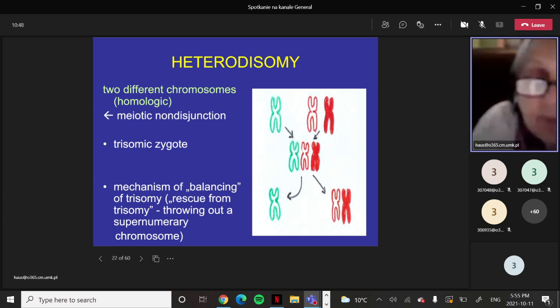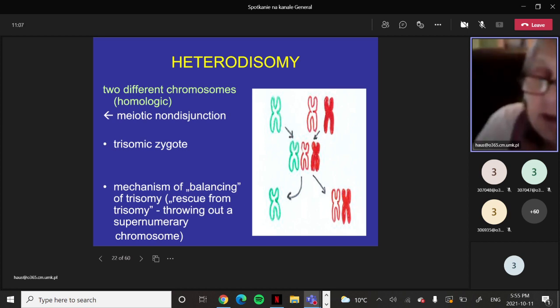So this zygote may throw out one of these chromosomes from this trisomy. It may be one of the chromosomes of this red parent.